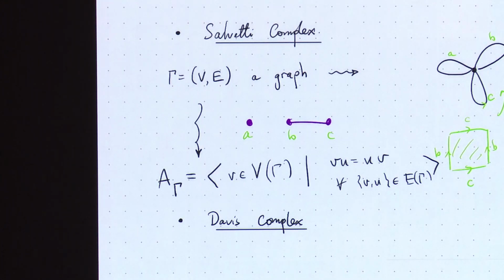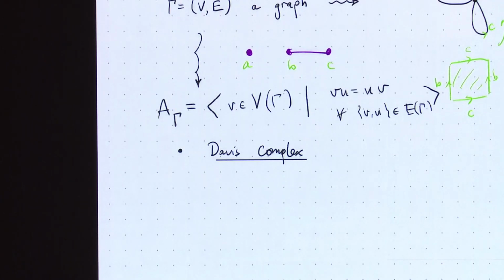Maybe I'll skip Davis complexes and get back to them in my third talk. Nir, can I ask you about the Salvetti complex? So is it the same as saying, let's go over the list of all inextendable cliques? For each one, we create just a cube of the corresponding dimension, and then we identify along common sub-cliques.